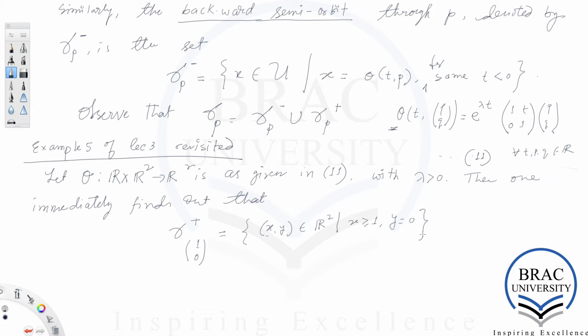Okay, well, why is this the case? This is very simple, since e to the lambda t. So remember that the orbits were given by this, right? E to the lambda t and 0.